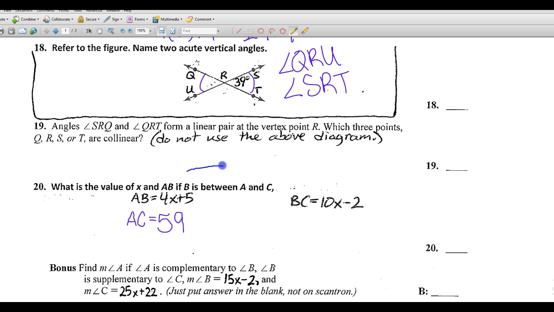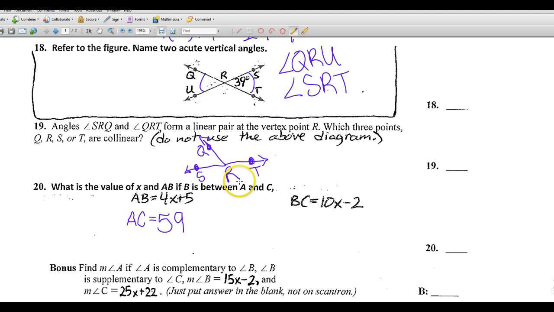So we have SRQ and QRT form a linear pair at vertex point R. So we have our straight line, two adjacent angles along a straight line are a linear pair.